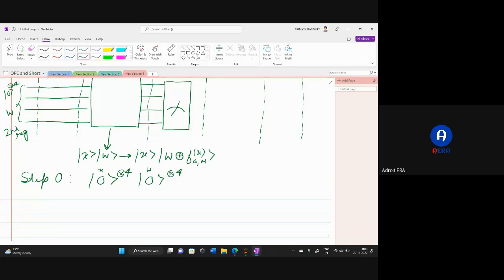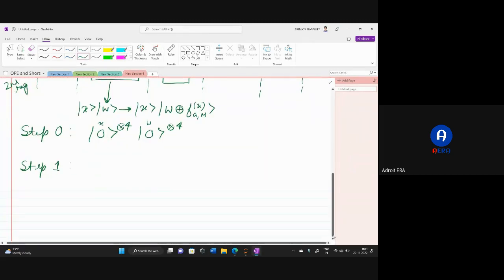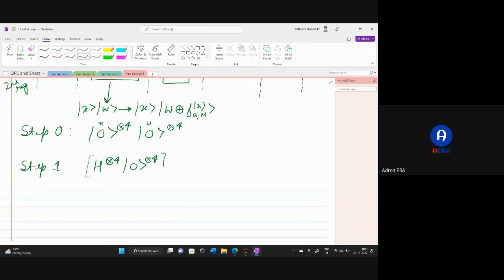Then in step 1, what you are going to do, you are going to apply Hadamard, very similar to Simon's. So Hadamard tensored 4 is applied to all the zeros, and the second register, that means the w register, is left untouched.